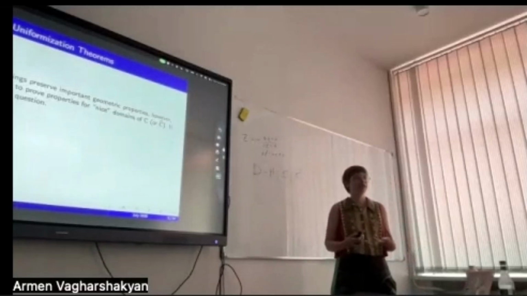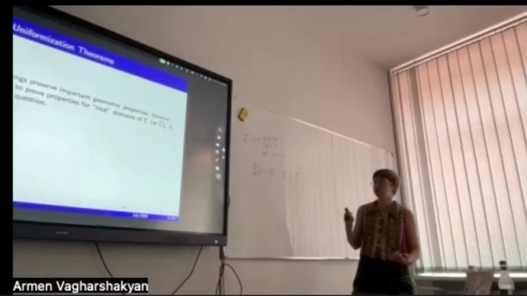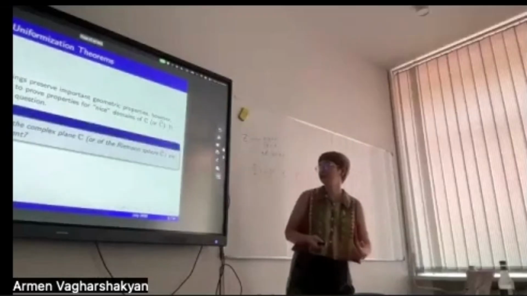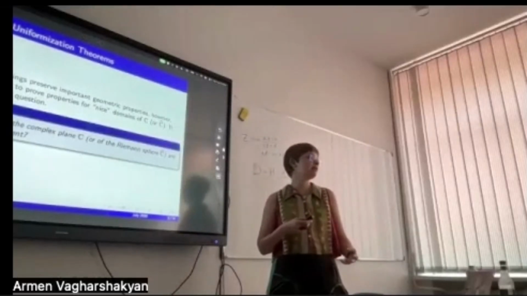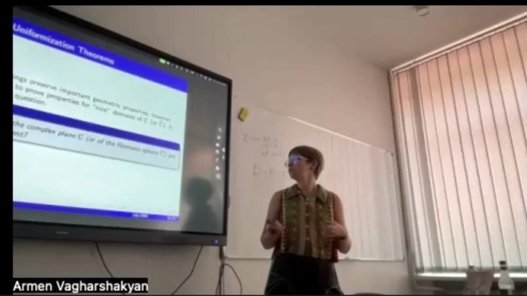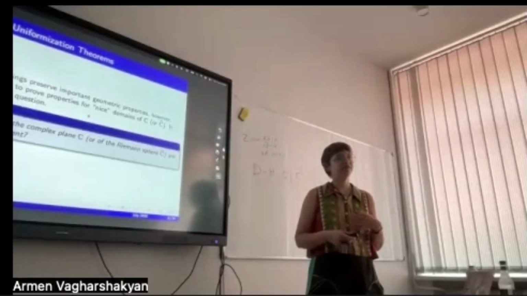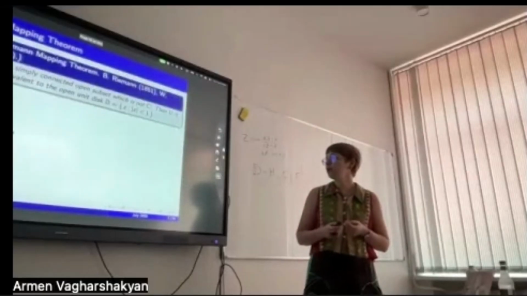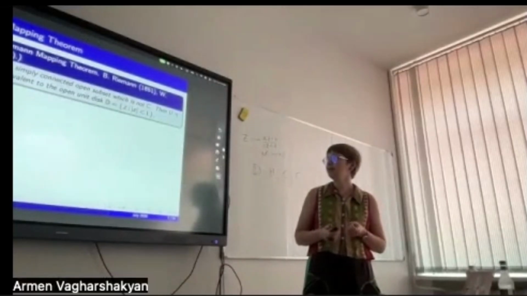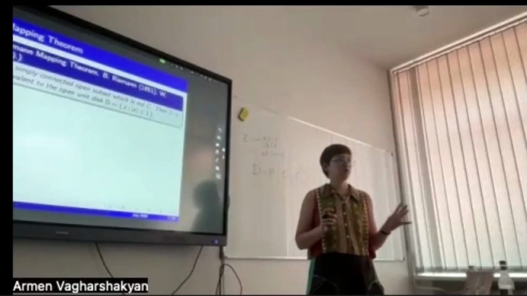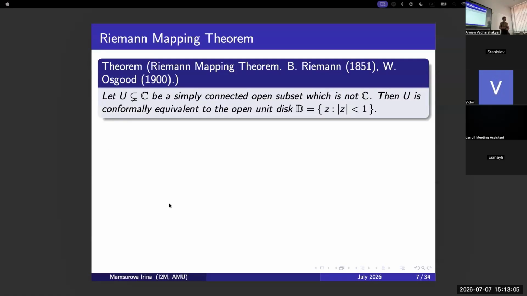mappings. So the question is which sets we can normalize to this nice form, or in general we can ask which domains of the complex plane or Riemann sphere are conformally equivalent. Once again, Schramm already talked about it a bit. There is the famous Riemann mapping theorem that every simply connected domain, so without holes, in the complex plane is conformally equivalent to the unit disk.